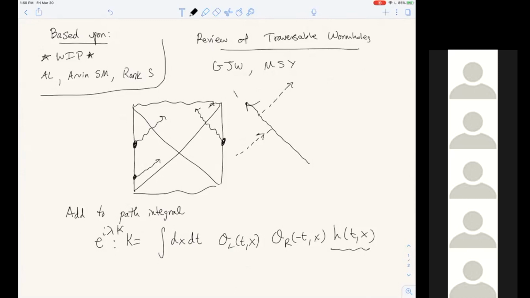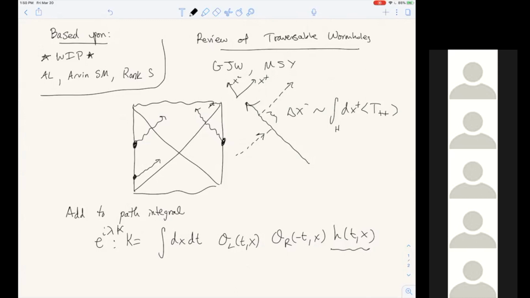In x minus and x plus coordinates, this particle gets shifted by an amount delta x minus, which is proportional to the total null energy of this shock, where I'm integrating along the horizon.